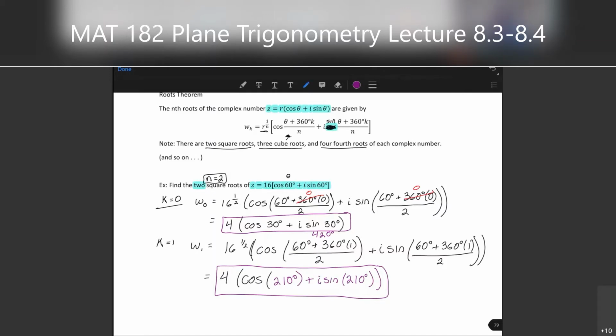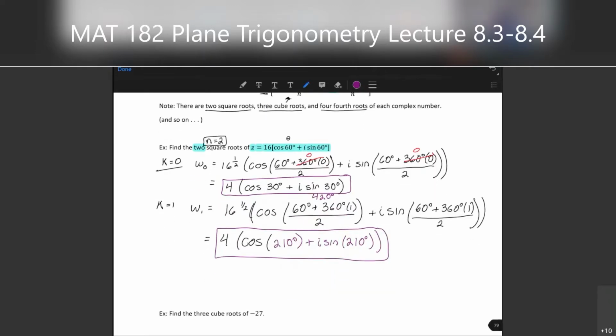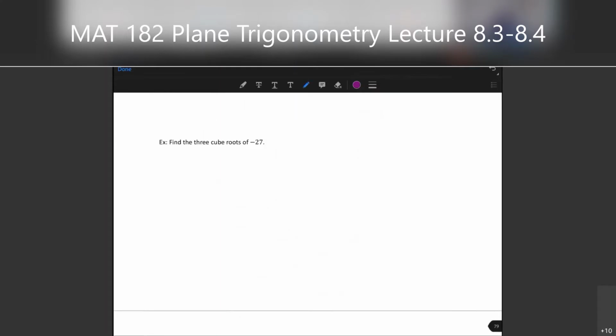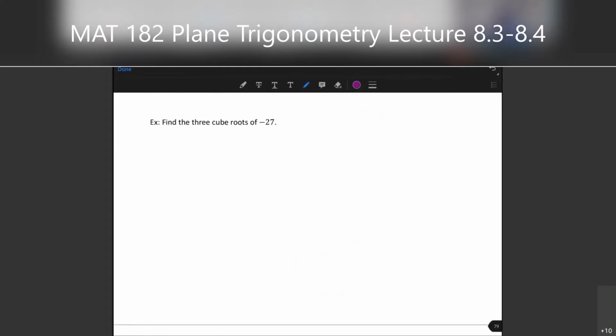Let's take a look at the next problem here. If I want to find, again, just of a constant number, the 3 cube roots of negative 27, here's how I would probably approach this. One way is just to consider it in an equation.